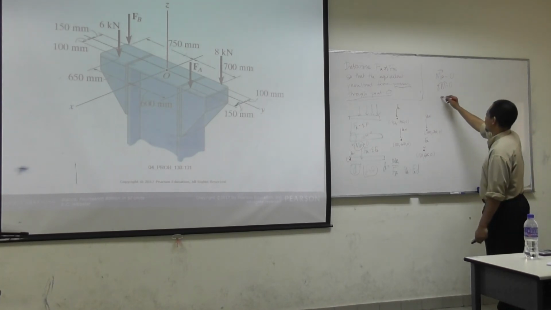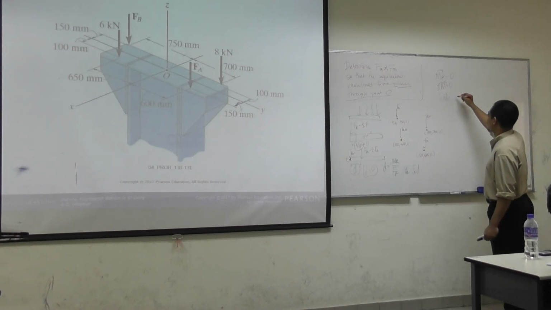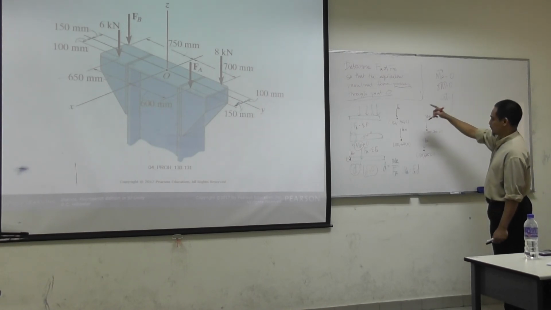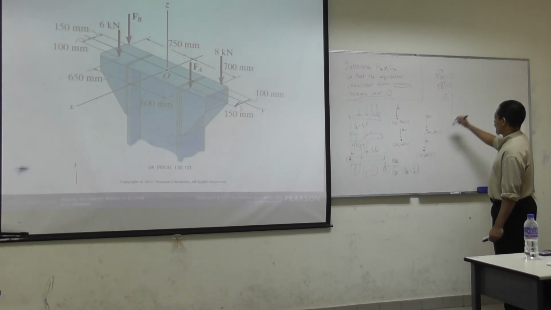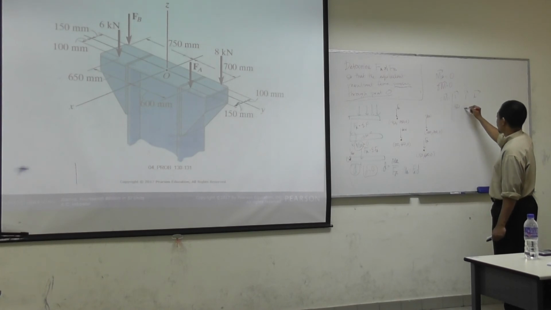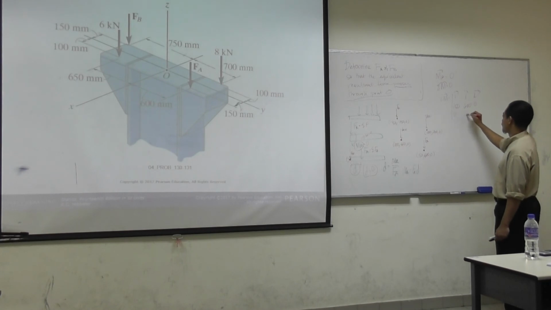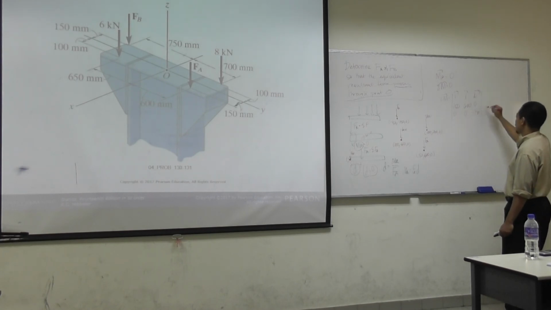Okay, so summation of moment, minus 2 is equal to, we will take for F A, so I, J, K, 150, 600, 0, 0, minus FP, right?